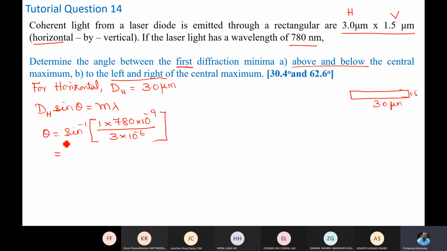So angle equals 1 into 780 into 10 power minus 9 divided by 3 into 10 power minus 6.